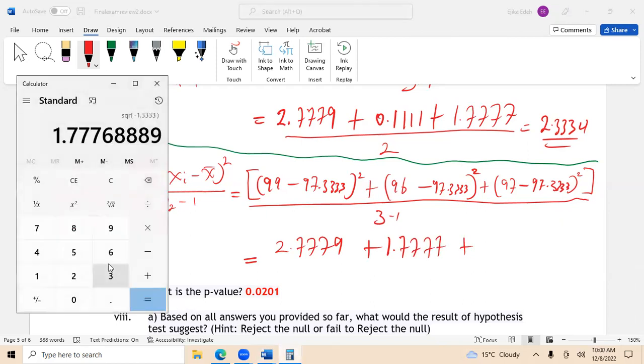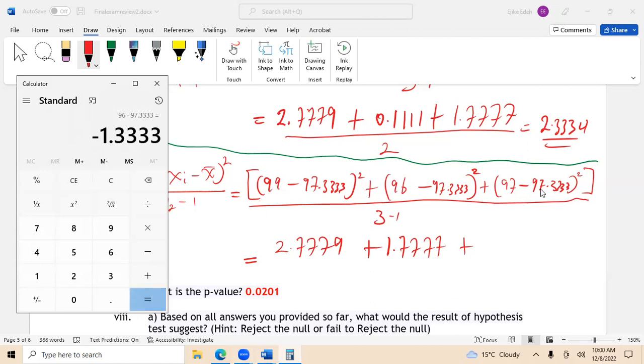So we look for the last one. The last one is 96. It's like just subtracting 1 from this, but let's still do it in full. So we have 96 minus 97.3333. That gives us -1. Are we doing the right thing? No, we've done number 2, right?